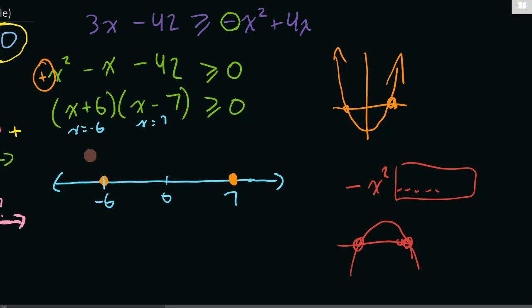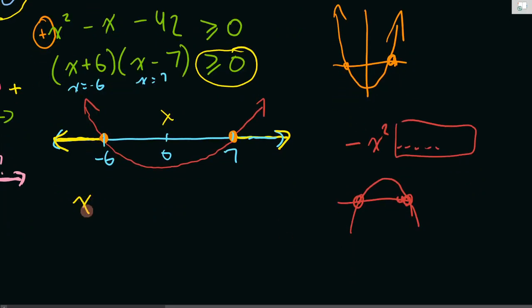So we can then fill in this sketch of our parabola, looks something like this. And we care where it is greater than or equal to 0. So we want to the left and we want to the right. We do not want in the middle. So that means that x is less than or equal to negative 6, or x is greater than or equal to 7. Those are our inequality symbols.